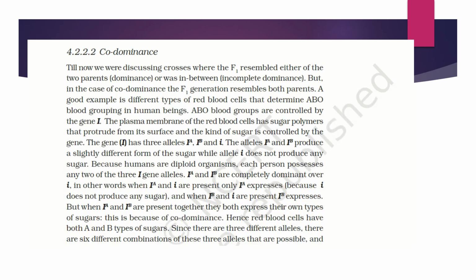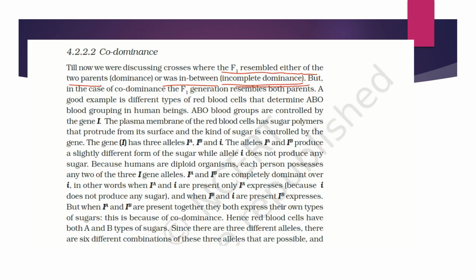In F1, the offspring either resemble one of the parents, the dominant one or the recessive one, or are in between, which is incomplete dominance. We saw in the last slide that one red and one white flower were crossed, and we got red, white and pink flowers, where one is in between the two.